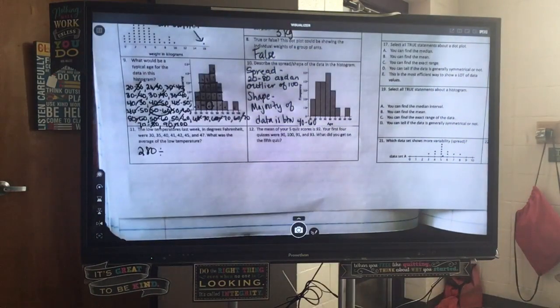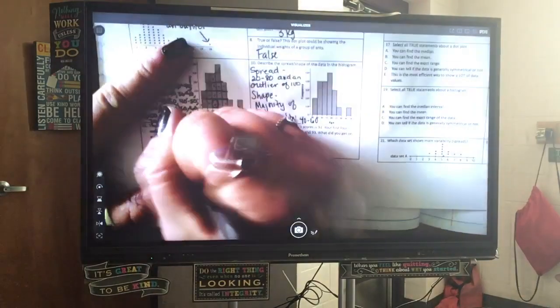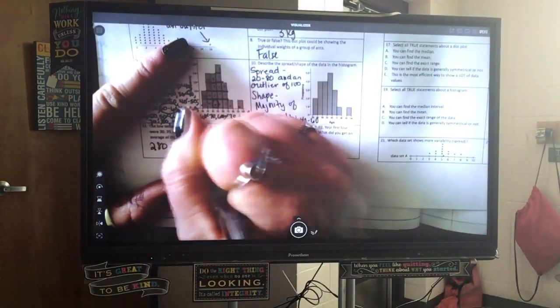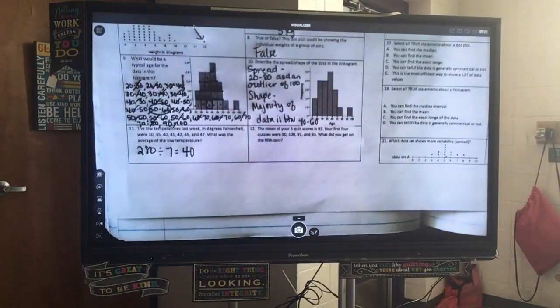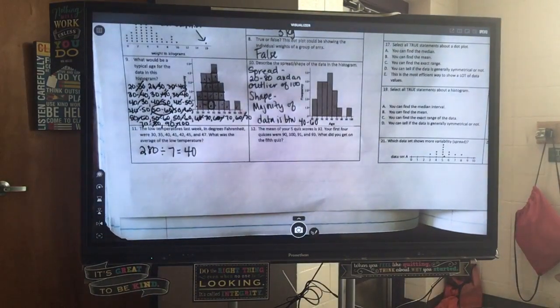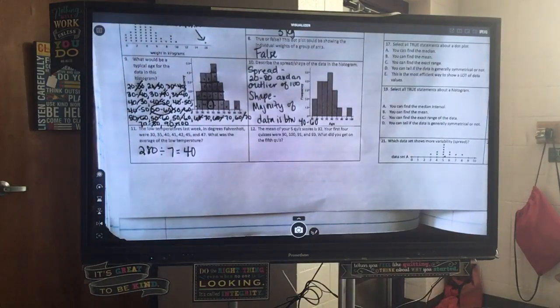You divided by 7 because there were 7 numbers in the data set. Right. Also, how many days are in a week? 7. So paying attention to key things like that helps. Your answer for number 11 should be 40, so the average low temperature is 40.